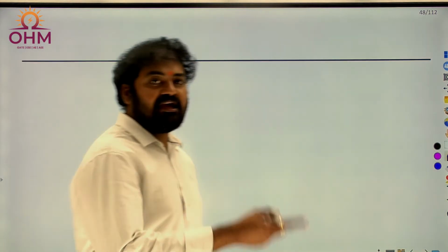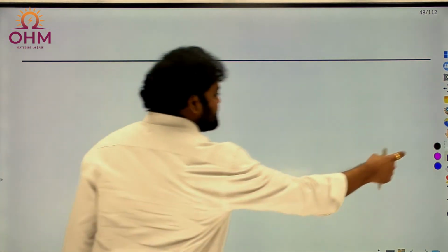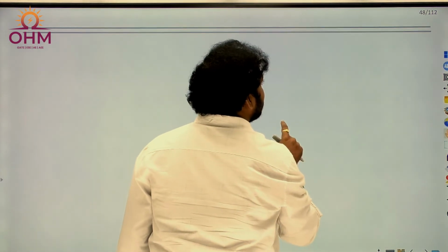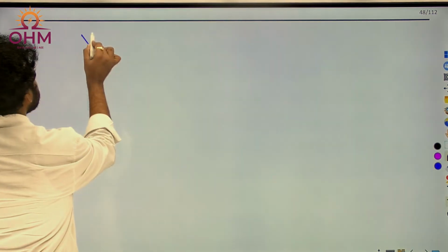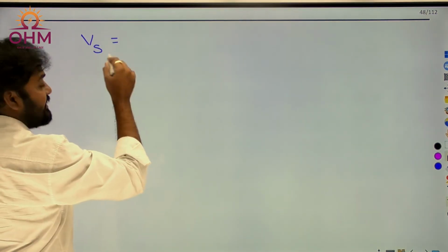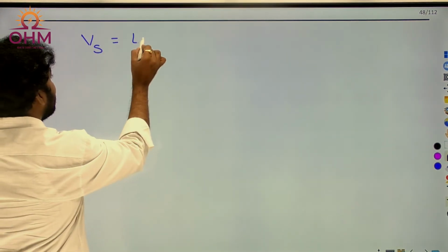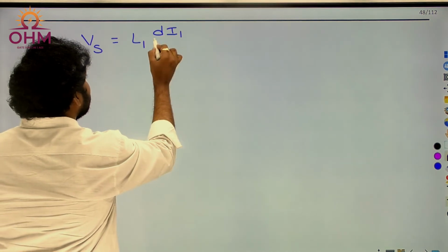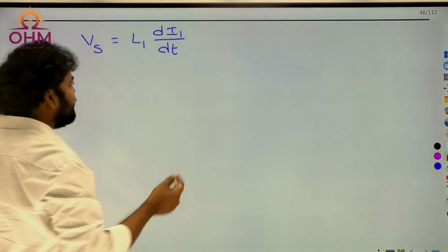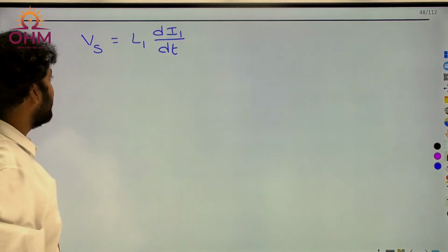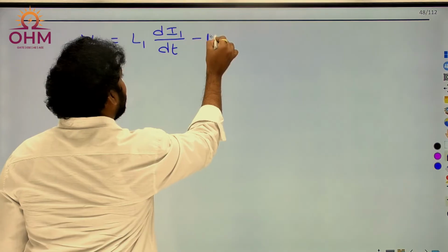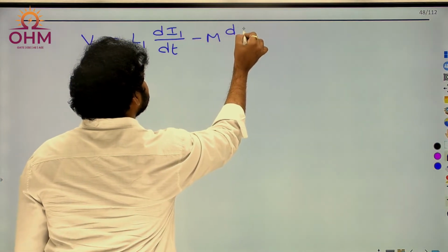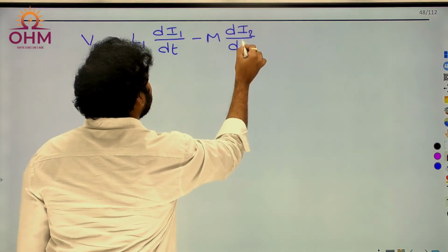So, if I write the KVL equation, on the primary side we have a source voltage, right? Therefore, the supply voltage source is equal to the primary side self inductance L1 into di1 by dt. We know the voltage according to Faraday's law is L di by dt. At the same time, mutual inductance is also there, but you have to write minus M into di2 by dt.